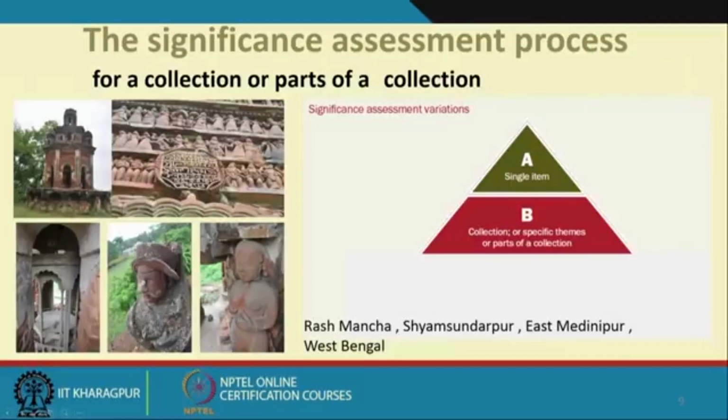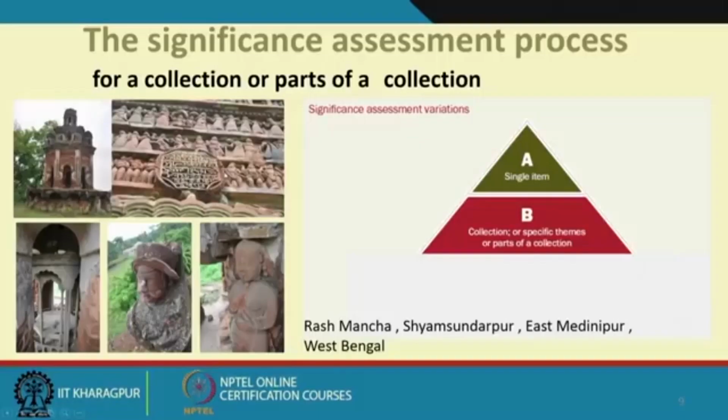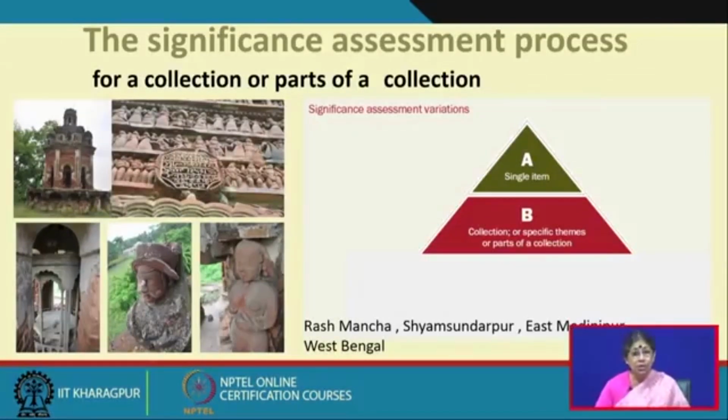For example, if you see this part, in terracotta, there is an inscription which talks about the date when it was done and who did it, and it is staying in an undamaged condition. It is a very important piece, not only aesthetically but historically, because it is a piece of document.